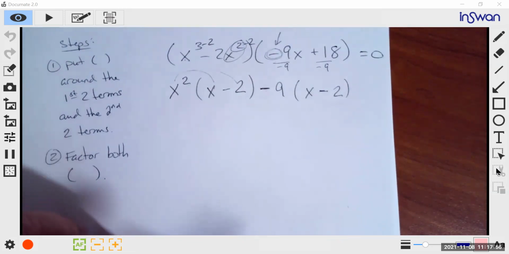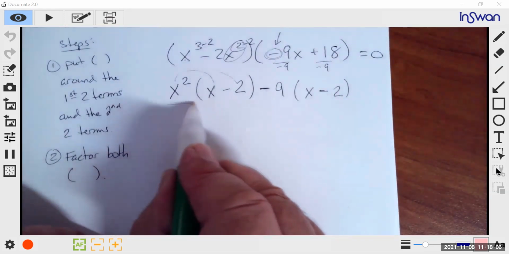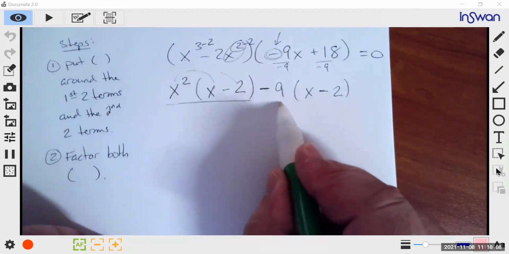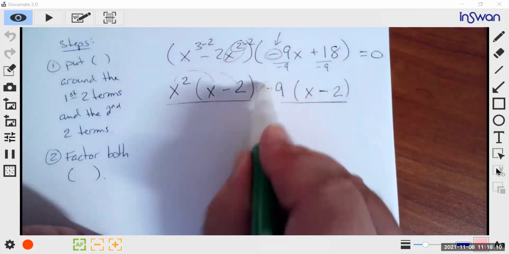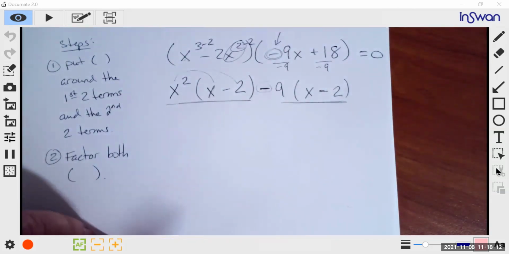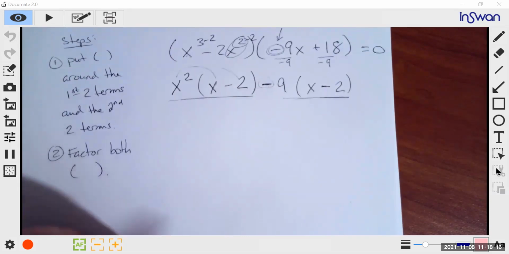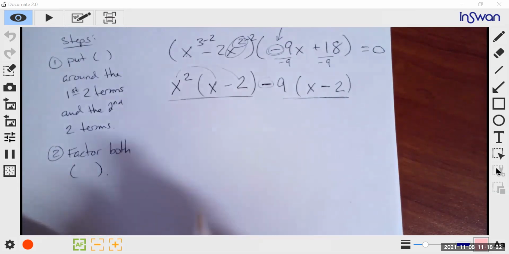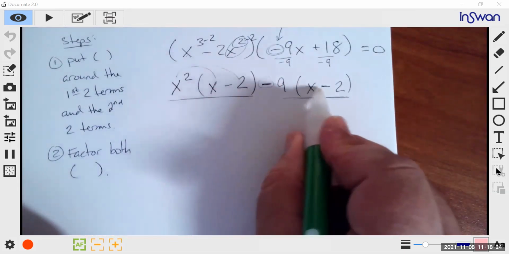This is what you're looking for. How many terms do we have now? This is one term. This is one term because it's separated by a minus. We only have two terms. What do they both have in common? x minus 2.